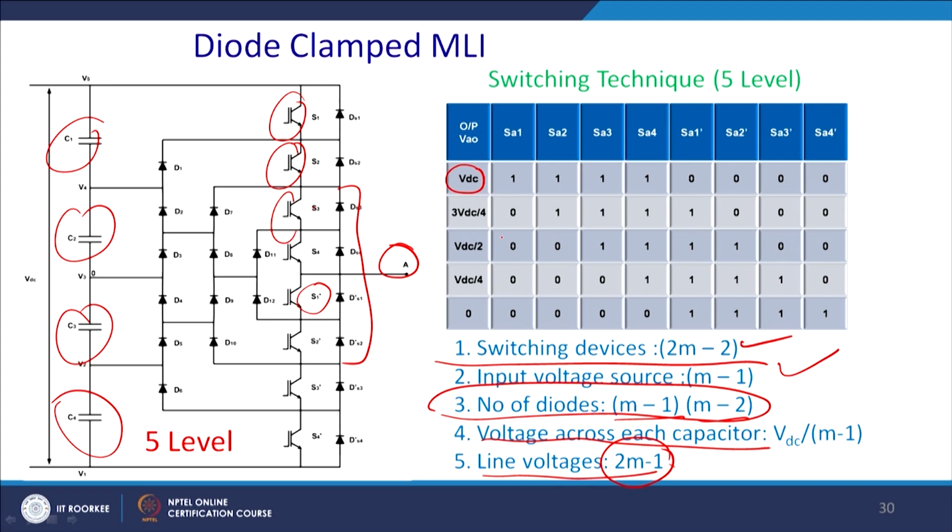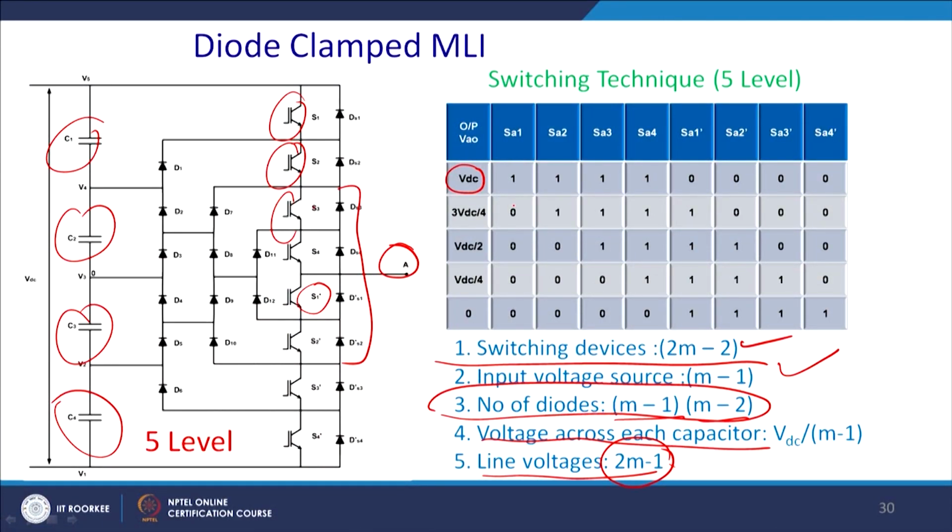So, when all the upper switches are on, you get the voltage equal to VDC, that is 111, and all the lower switches should be off. Now, to get 3 VDC by 4, this switch is required to be off, and ultimately this diode will be forward biased, and from this to this it will all be on.